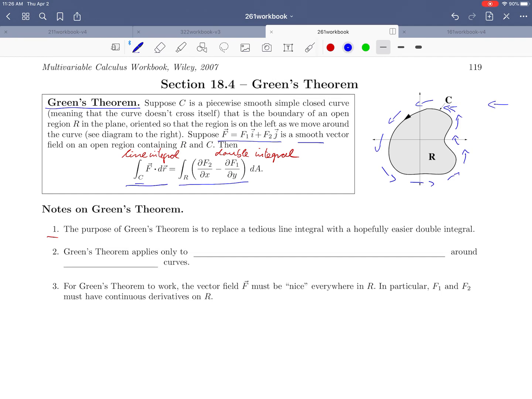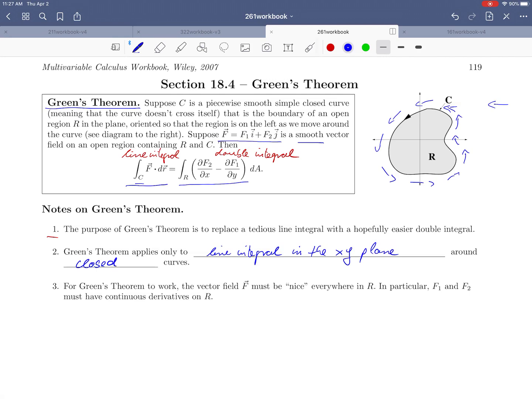Of course, we already talked about all the conditions that have to be met so that Green's theorem applies, and so it only applies to line integrals in 2 space, in the xy plane. So we don't have it in 3 space if our curve lives in 3 space, and it also only applies if our curve is closed.